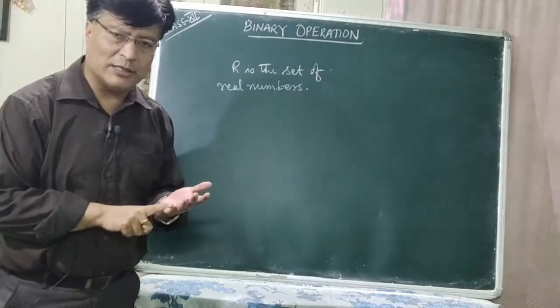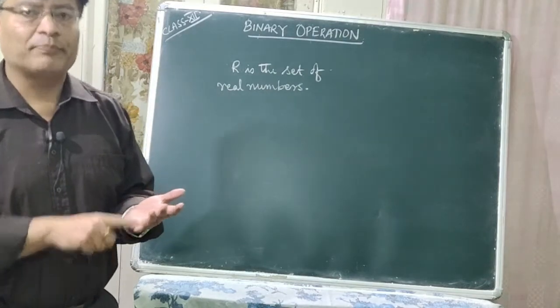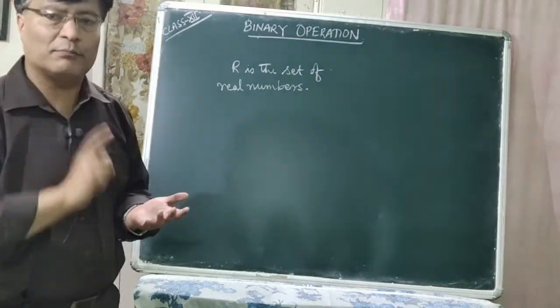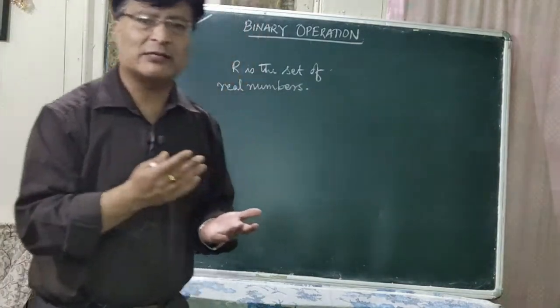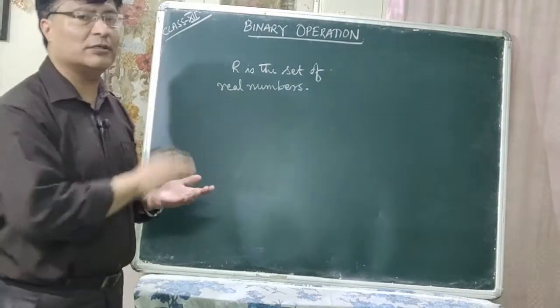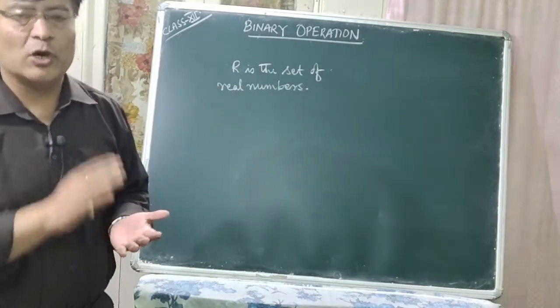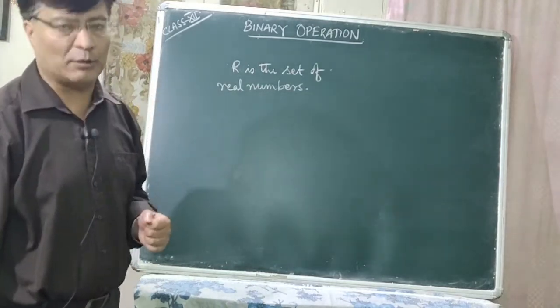Like rational numbers are real numbers, irrational numbers are also real numbers, positive integers, negative integers including 0 are also real numbers. And all those natural numbers are also real numbers.